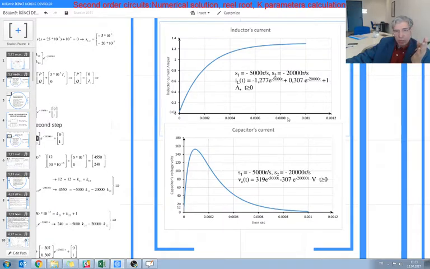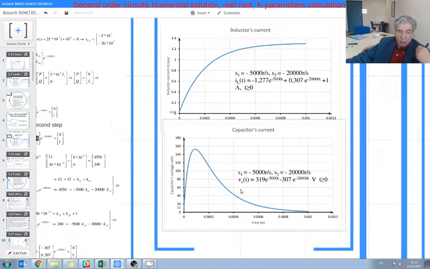In a short time, since these are exponentially decreasing functions, they are going to disappear, so we're going to observe the particular solution. That's why we consider the homogeneous solution part as the transient solution, because it disappears, and we consider the particular solution as the steady solution because we are going to observe this forever.